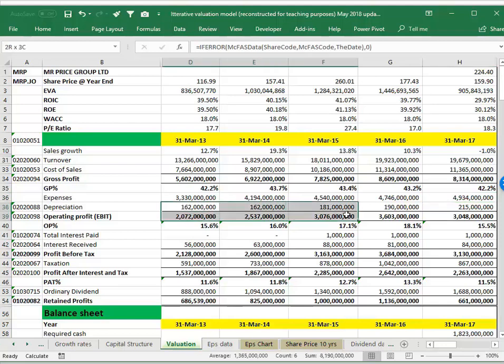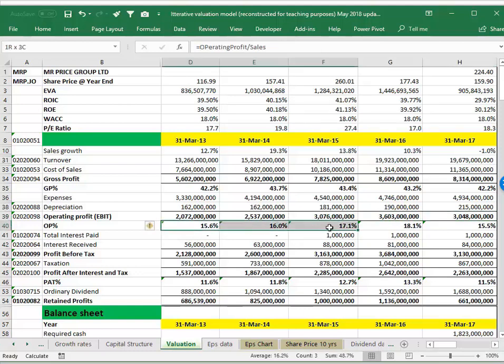There's some depreciation expenses here. Obviously, Mr Price has some depreciating assets on their balance sheet. And then we're left with operating profit. And you can see 2 billion becomes 2.5 billion, becomes 3 billion, becomes 3.6 billion, and then there's a decline. It goes down to just over 3 billion.